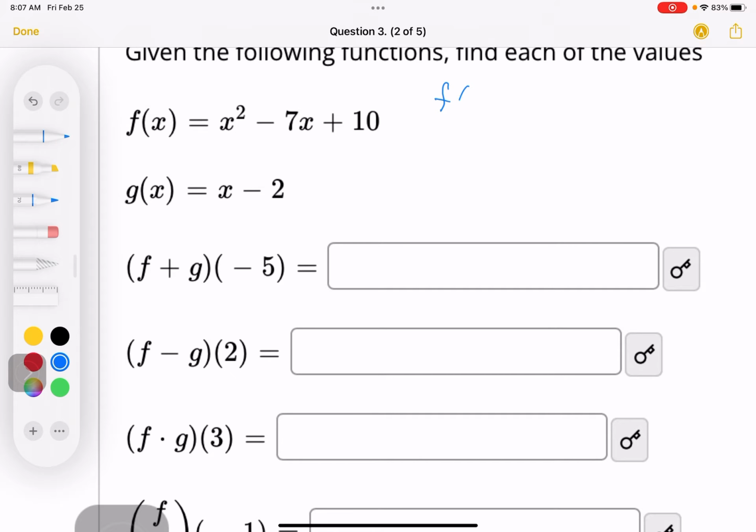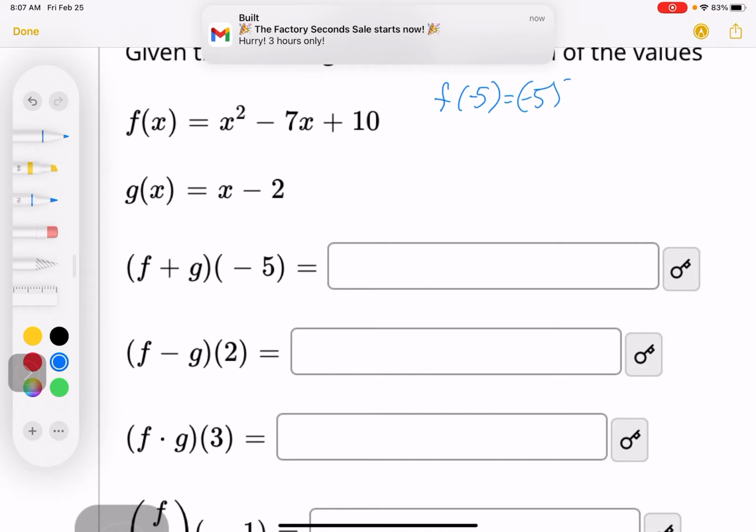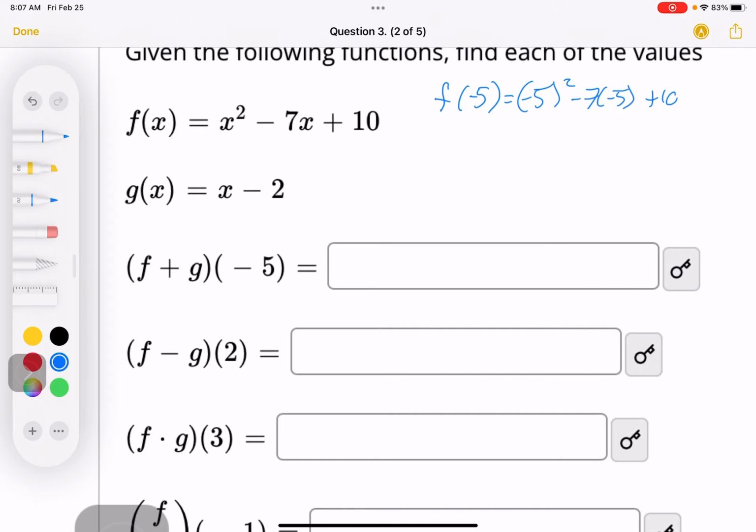Let's see, f of negative 5 is going to be negative 5 quantity squared minus 7 times negative 5 plus 10. That's 25 plus 35 plus 10. That's going to be 60, 70.